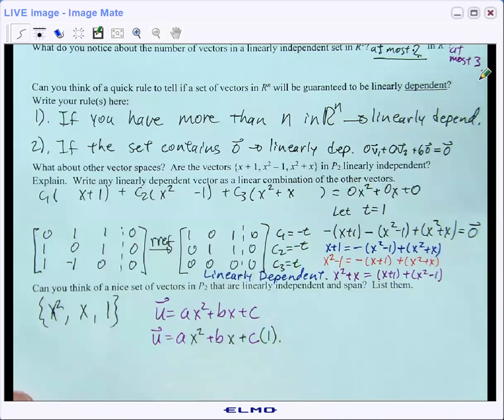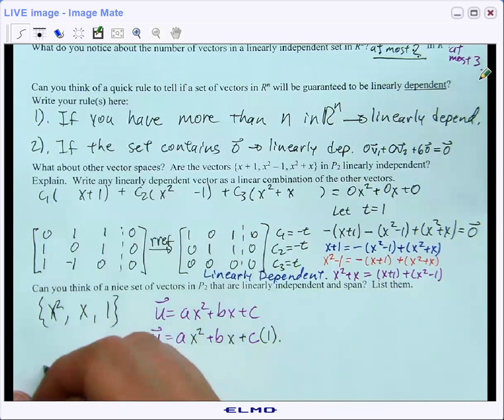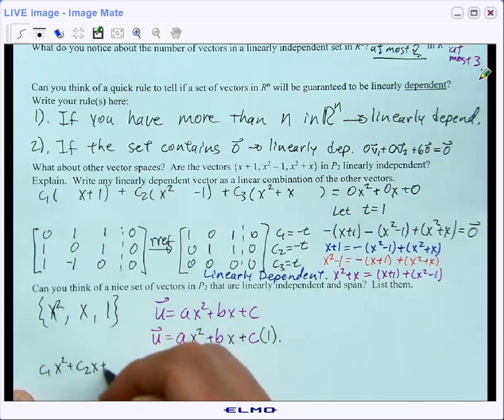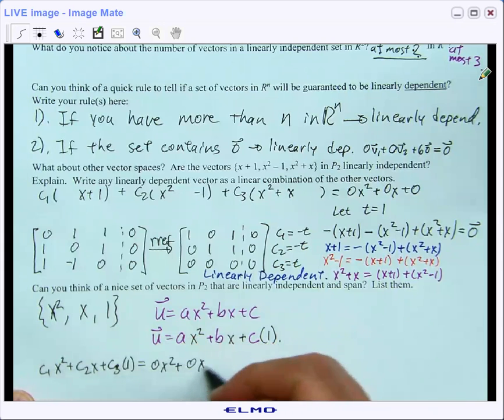And since they're all different powers, they've got to be linearly independent. We could check that by doing c1 x squared plus c2 x plus c3 times 1 is equal to 0x squared plus 0x plus 0.